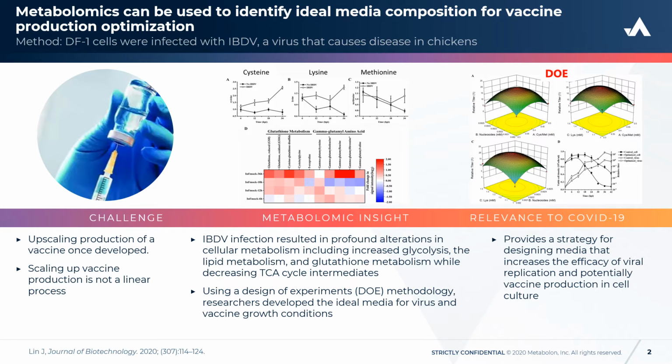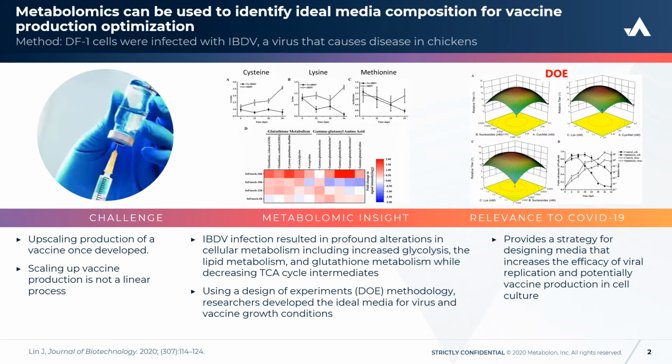And in this case study, we saw increases in a number of amino acids, which make the protein for the capsid protein. We saw increases in a number of purine and pyrimidine metabolites, the nucleosides and nucleotides, which would be needed for generating and replicating that RNA genome. We also saw increases in a number of lipid components, which would be needed for vesicle formation and transportation of the virus within the host cell.